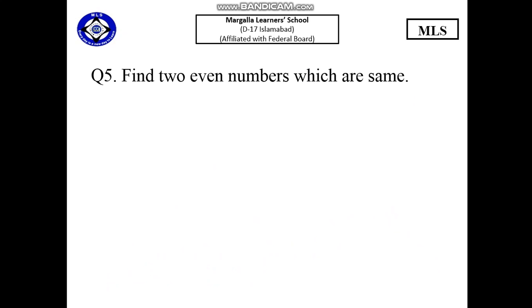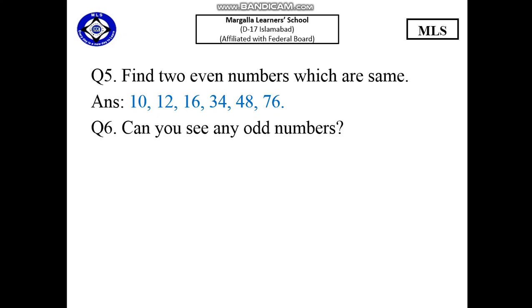We have to look for the even numbers like 10, 12, 16, 34, 48, and 76 are same numbers in the picture. Now let's come to the last question, which is, can you see any odd numbers? What are odd numbers? Like 1, 3, 5, 7.